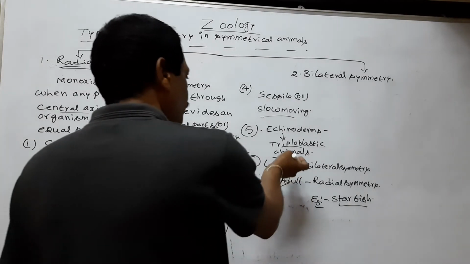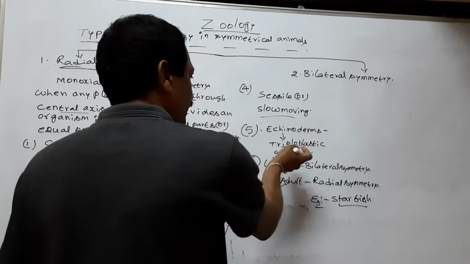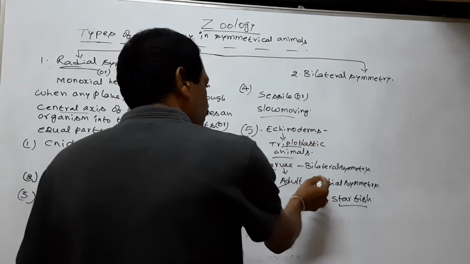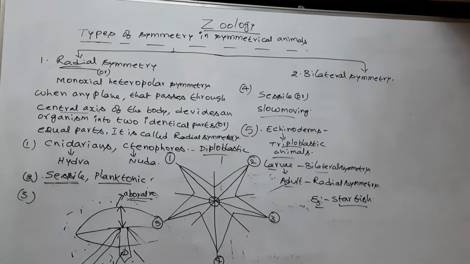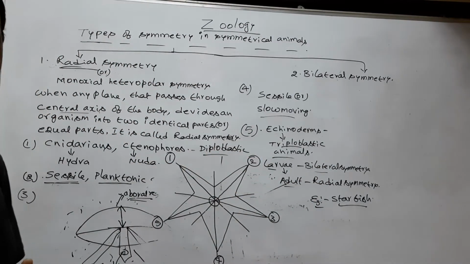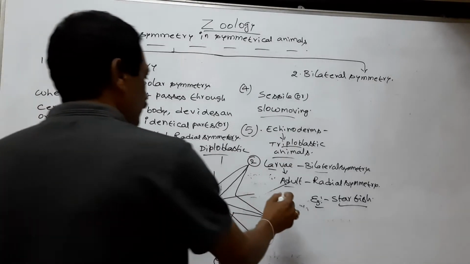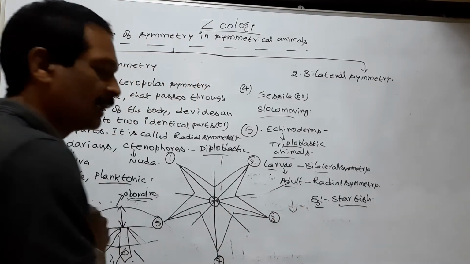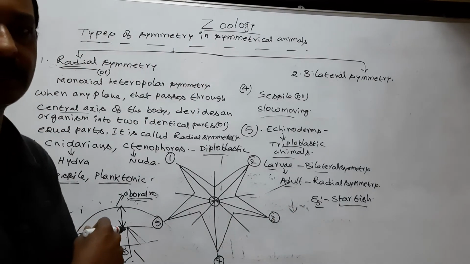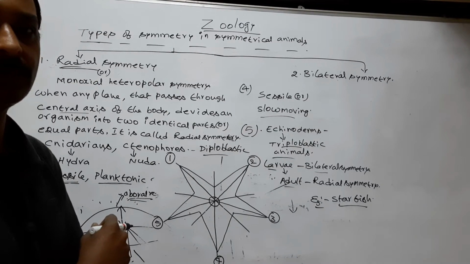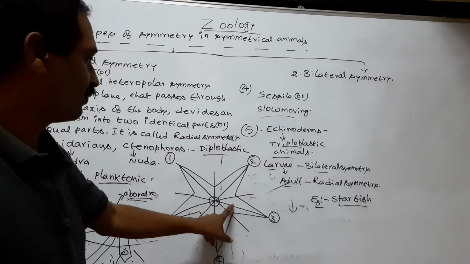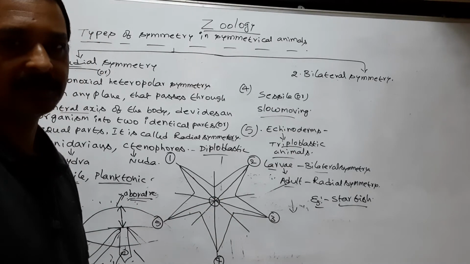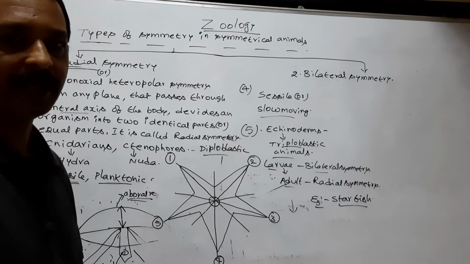So larvae of echinoderms exhibit bilateral symmetry, but adults show radial symmetry. Here, the adult echinoderms have five-angled symmetry.